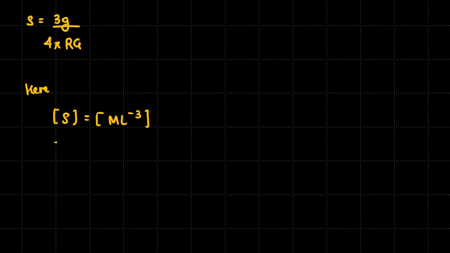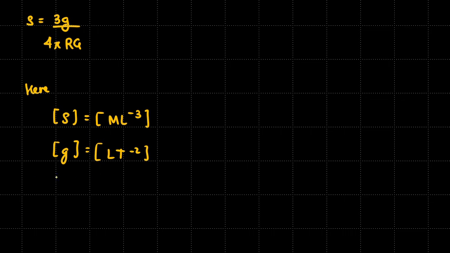Next, the dimension of g, which is acceleration due to gravity, is the same as that of acceleration, which is L T to the minus 2, since acceleration is velocity over time, or length over time squared.